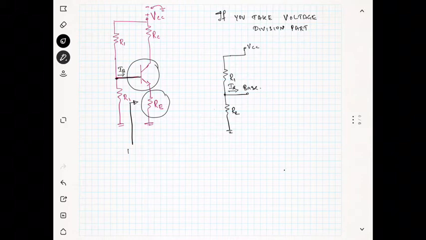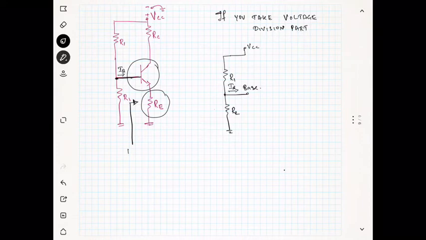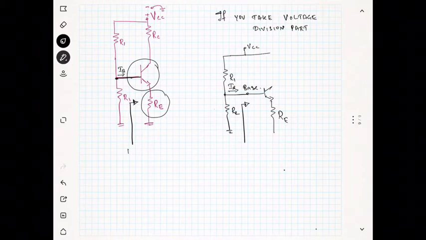When you see from the base, you have the transistor and you have RE, and this is RC.